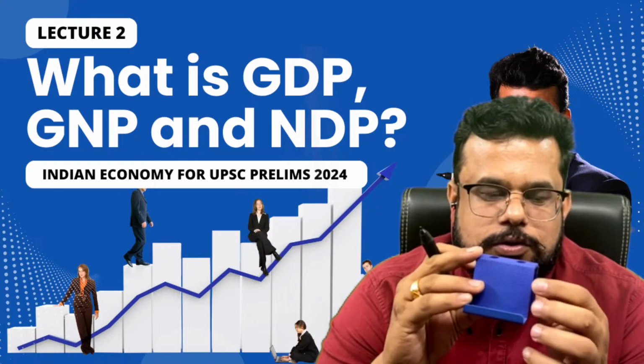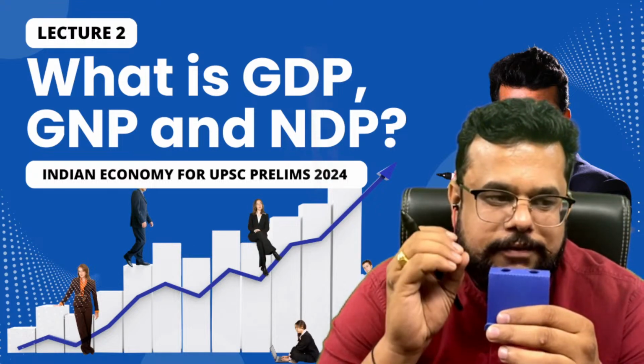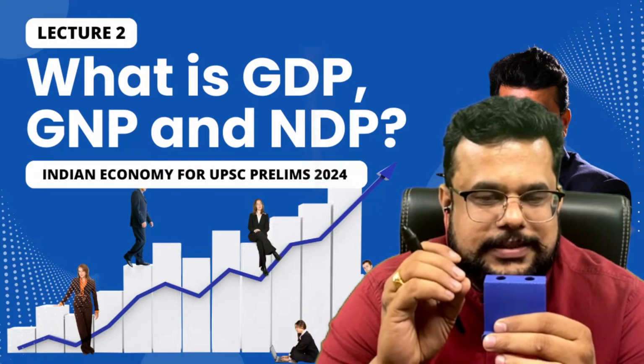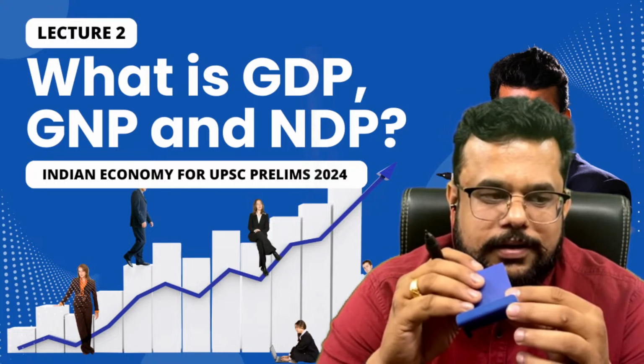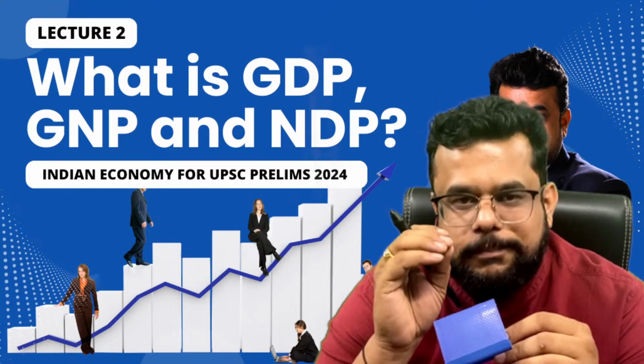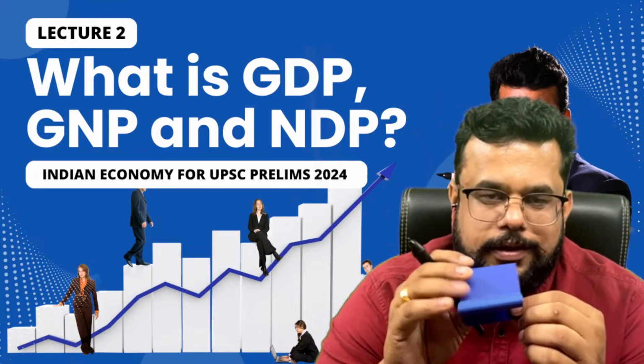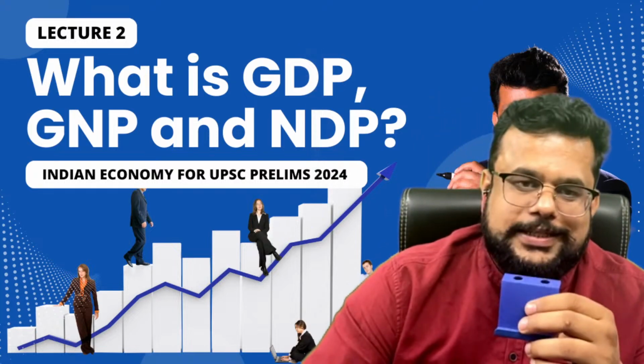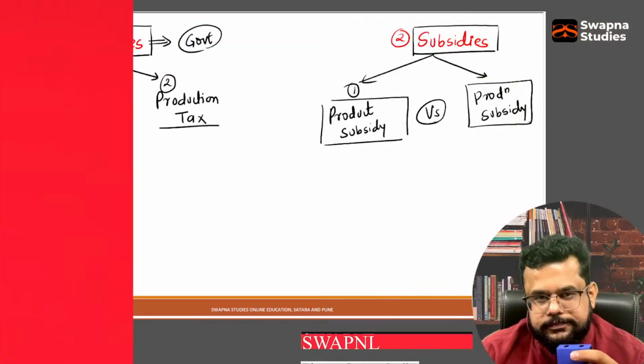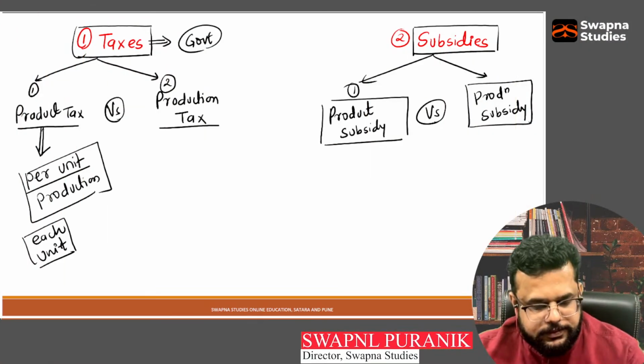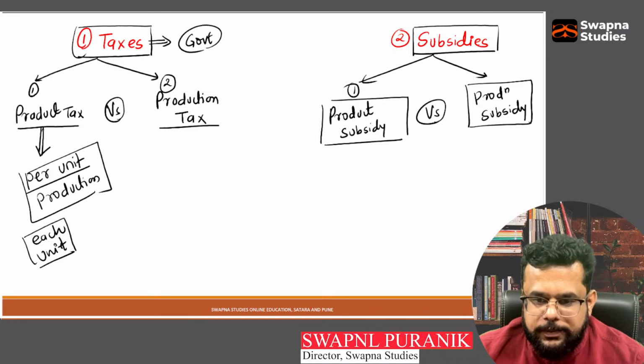Okay, so whenever we say product tax, that means it is imposed on per unit of production. It is imposed on each and every unit of production. Okay, I am going to repeat.